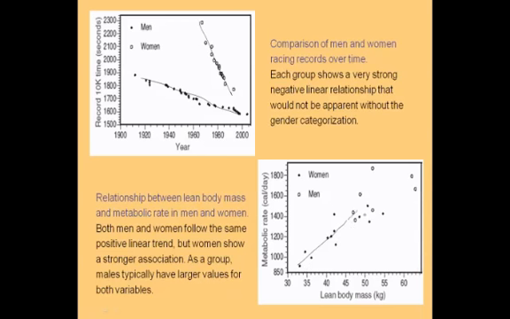Right here. Okay, so the men is not as strong a relationship, even though they have larger metabolic rates. So larger metabolic rates is a function of what in this case? What can you say about the larger metabolic rates? They are related, but not as strong a relationship.